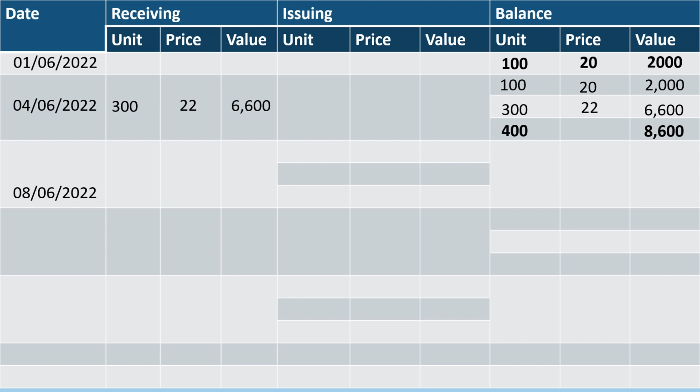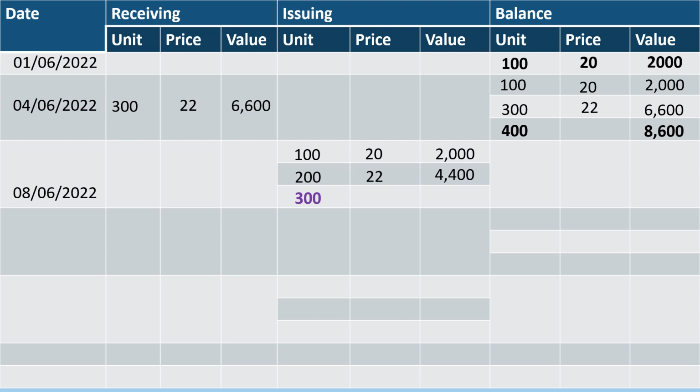The next one is on 8th of June, where we are going to issue 300 units. Here we are going to use first in, first out. So what we already have in the balance, we have to issue first. So 100 units at 20, we are going to issue the first opening balance. Then we are going to issue the next from the purchases on 4th. So from the 300 units, we are going to issue 200 at 22 rupees.